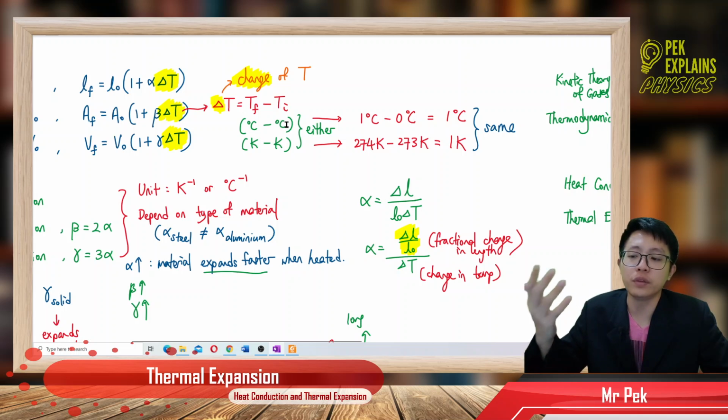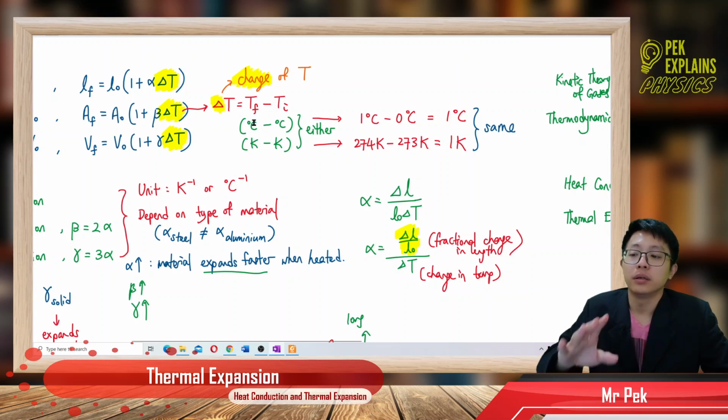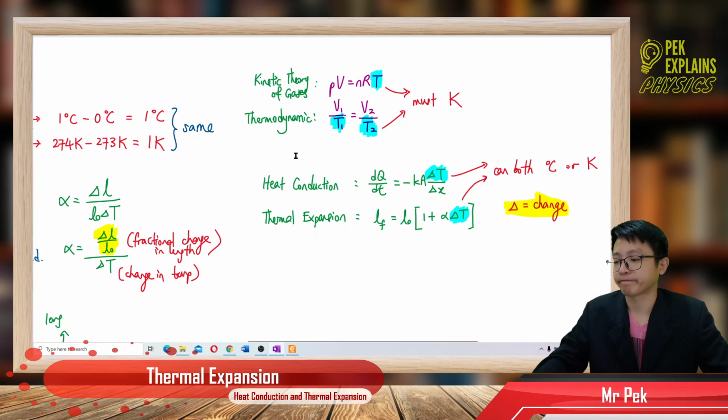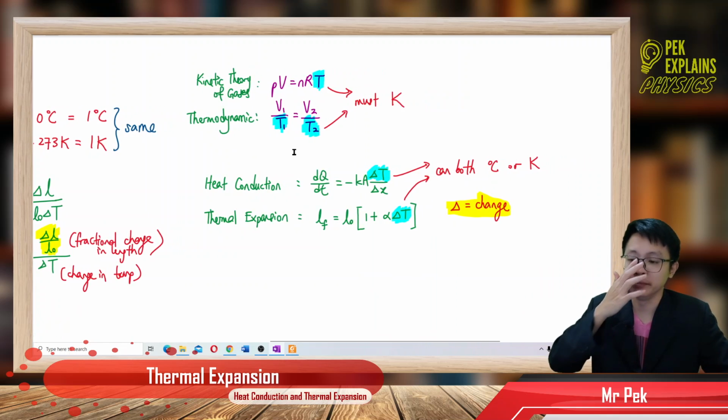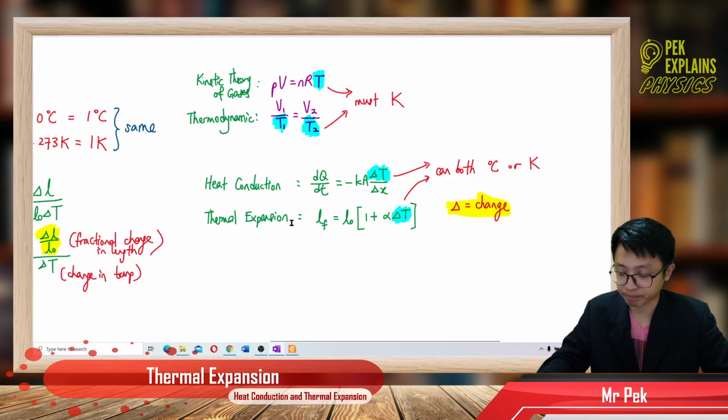So if the question gives you degrees Celsius, there is no need to change to Kelvin. If the question gives you Kelvin, you can also proceed with Kelvin. For change of temperature, remember, you can use either degree Celsius or Kelvin. This is what we learned in this chapter, heat conduction and thermal expansion.